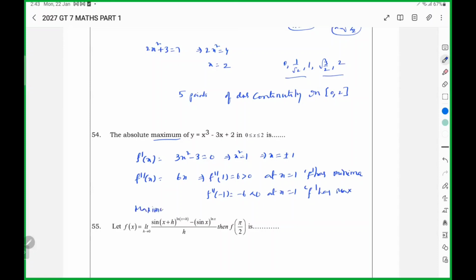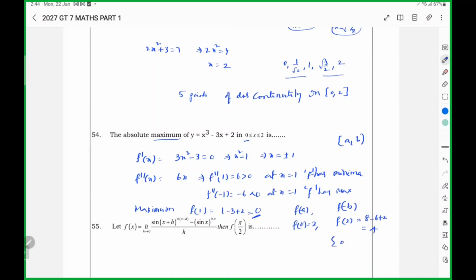What is that maximum? f of 1, 1 plus 2 minus 3, 0. But whenever an interval is given, in addition to this maximum, you have to find functional values at the boundary. f of 0, a here is 0, 2. b here is 2, 8 minus 6 plus 10 minus 6, 4.